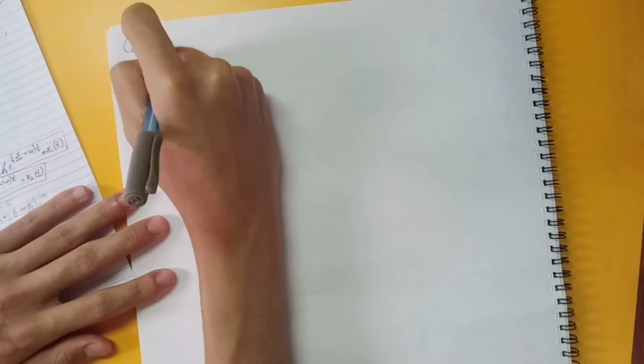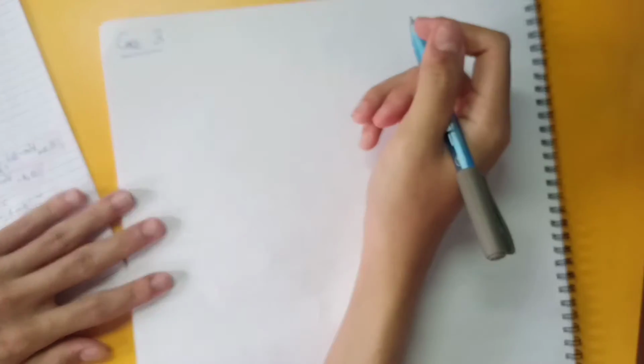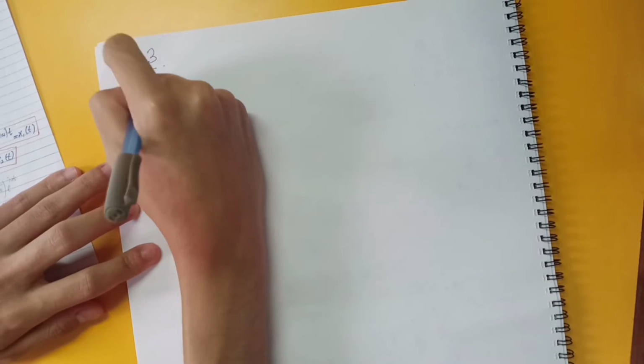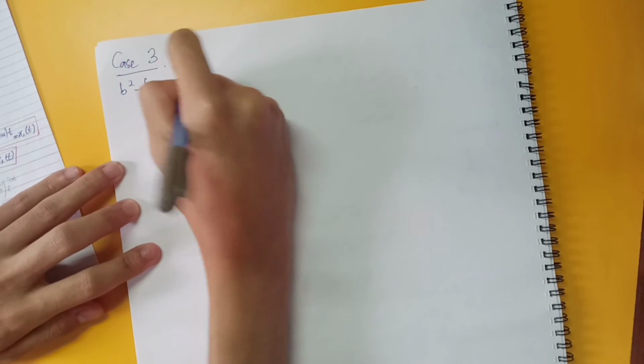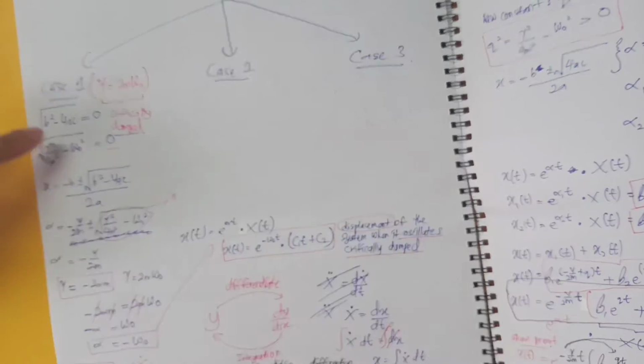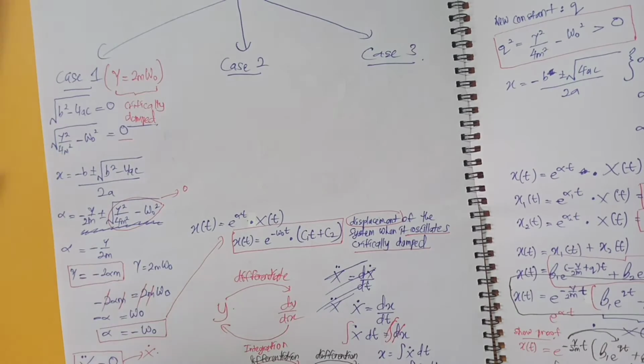Case 3 is a little bit different. It is b square minus 4ac, which is less than 0. Case 2 is more than 0, and case 1 is equal to 0.